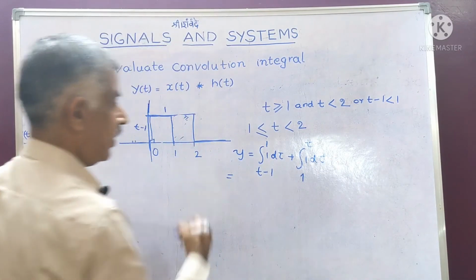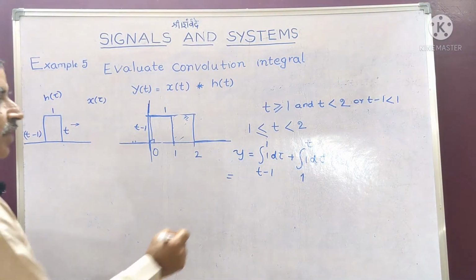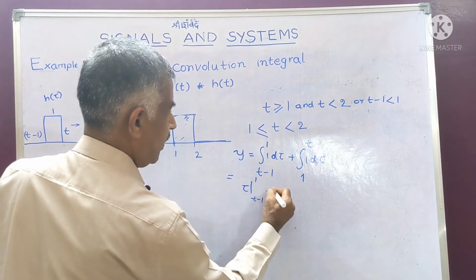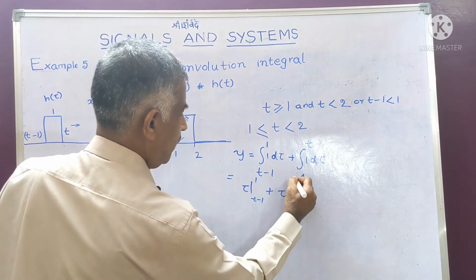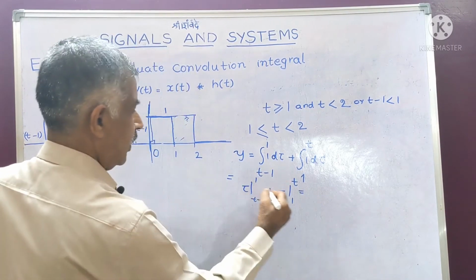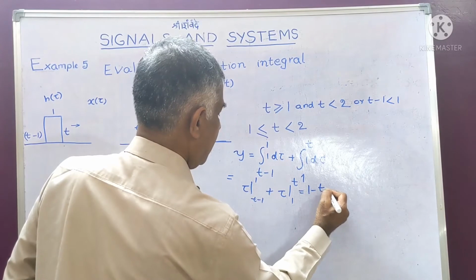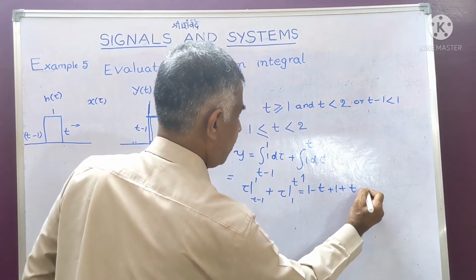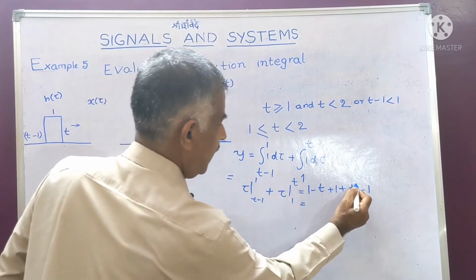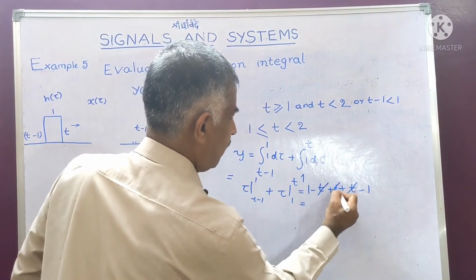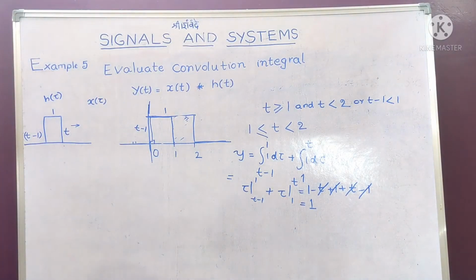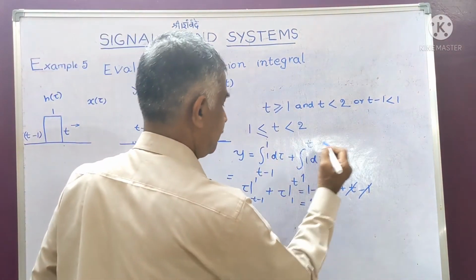If you integrate this, then tau from t minus 1 to 1 plus tau from 1 to t equals 1 minus t plus 1 plus t minus 1. Therefore, t gets cancelled, 1 gets cancelled, 1 minus 1, then 1. So we are getting y equal to 1.